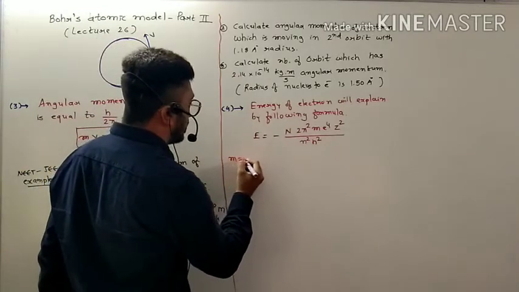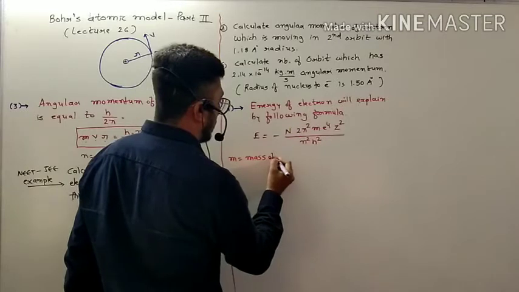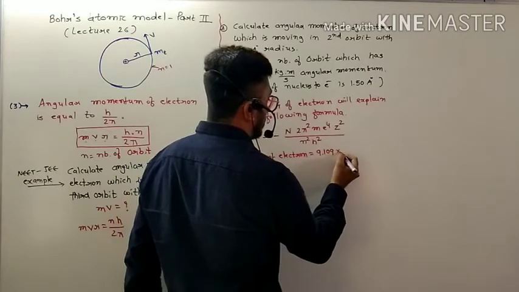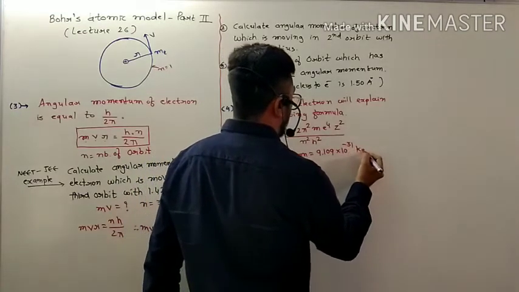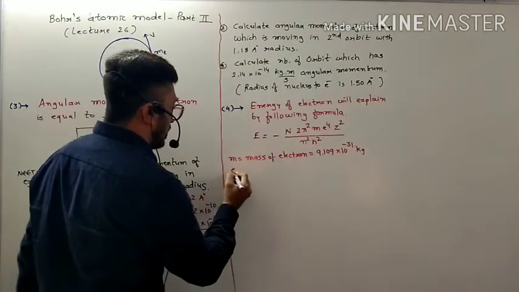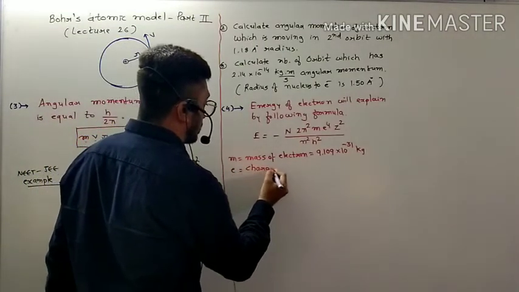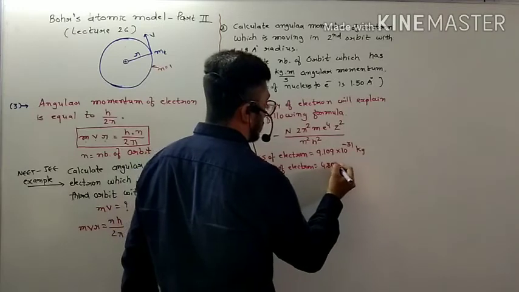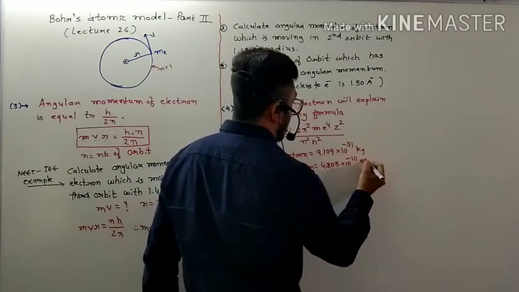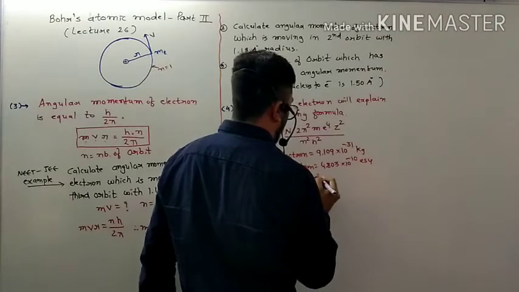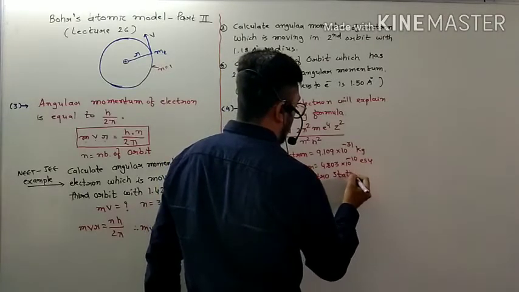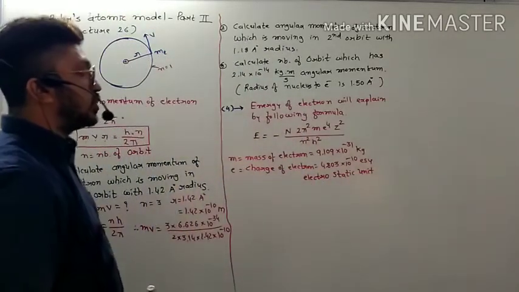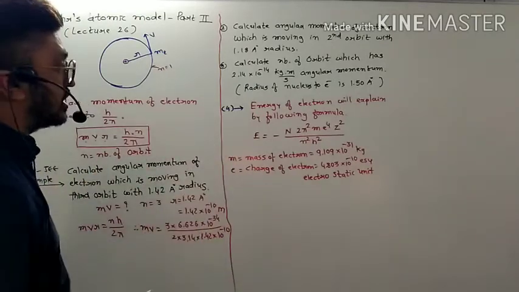Here m is equal to mass of electron, and the value is fixed, 9.109 into 10 raised to minus 31 kg. e is equal to charge of electron, the value is here 4.803 into 10 raised to minus 10 ESU, means electrostatic unit. बाकी इलेक्ट्रॉन का जो चार्ज है वो 1.602 into 10 raised to minus 19 coulomb में है, but ये इलेक्ट्रोस्टैटिक यूनिट में है.